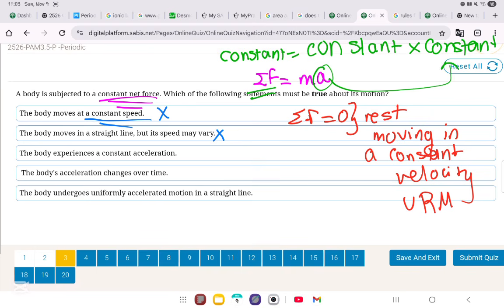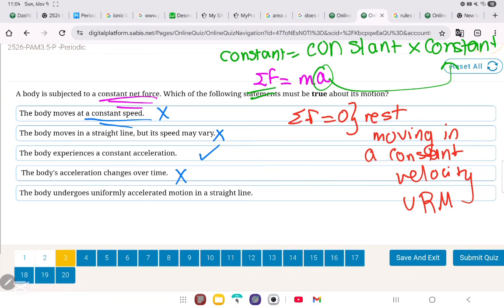The body experiences a constant acceleration. This is true, because there is no specification. As long as there is no specification in direction, it will be true. Now, the body's acceleration changes over time. No, it's constant.